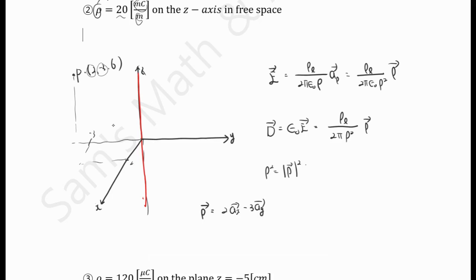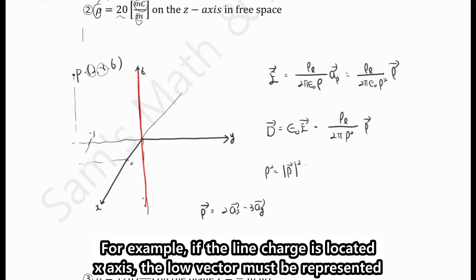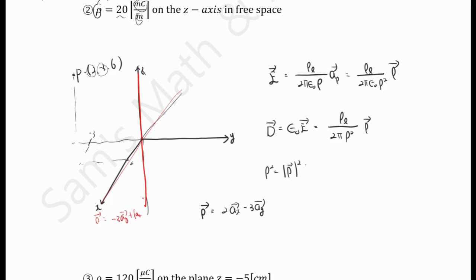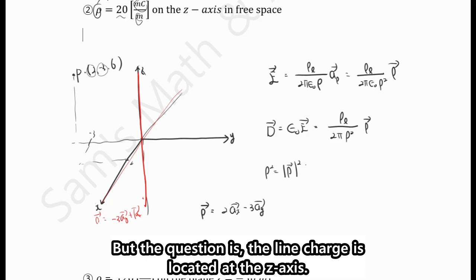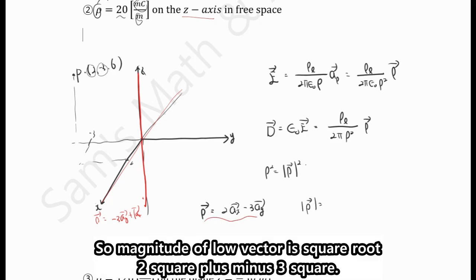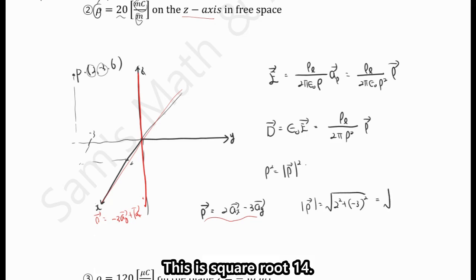For example, if the line charge is located on the x-axis, the rho vector must be represented by y and z components, minus 3ay plus 6az. But the question is the line charge is located on the z-axis. So the magnitude of the rho vector is the square root of 2 squared plus minus 3 squared, which is the square root of 13.